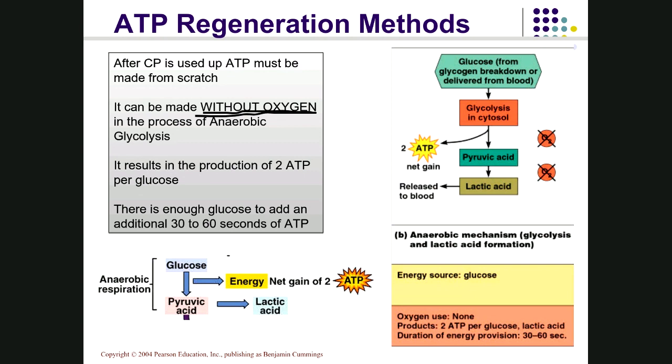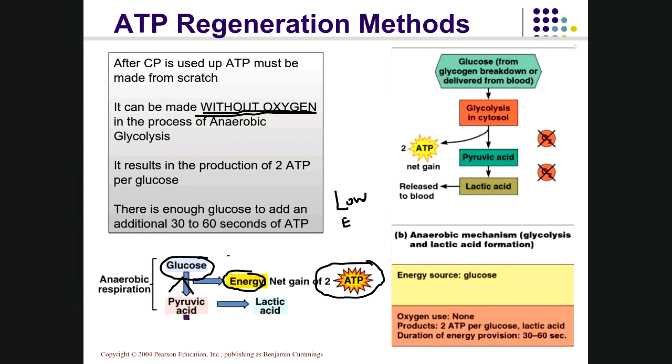With anaerobic glycolysis, what you do is you split glucose. You split it in half. And when you split it, you get some energy. And that energy is 2 ATPs. So, even though it's readily available, even though it's fast, it's low energy, low efficiency.